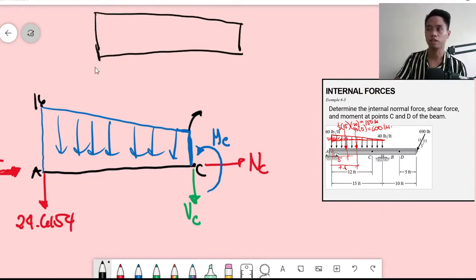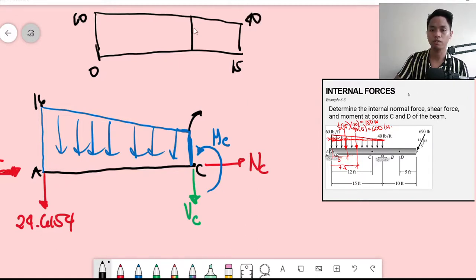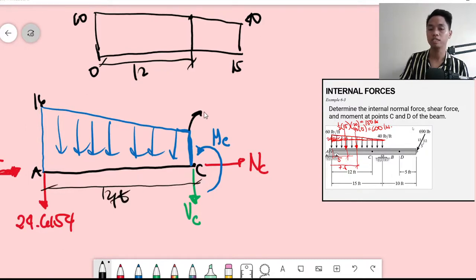For example, at x equal to 0, at the start here, the value is 60, right? Now, at x equal to 15 feet, the value is 40. The question is, what is the value here when x is equal to 12? Because this is 12 feet. We need this value to get the internal loading. So, how are we going to solve?